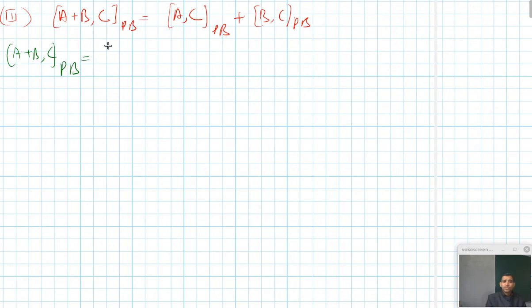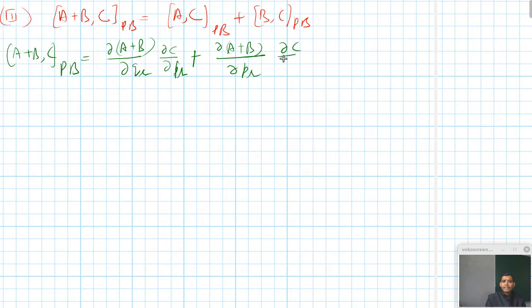So it is equal to ∂(A+B)/∂q_r ∂C/∂p_r plus ∂(A+B)/∂p_r ∂C/∂q_r, that's what I am considering, and summation over r.